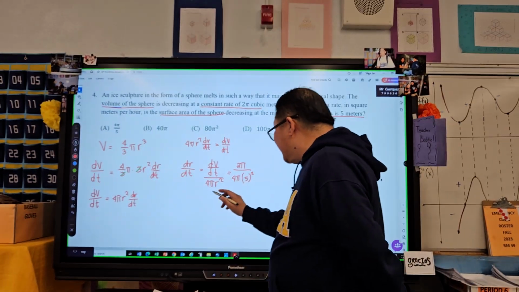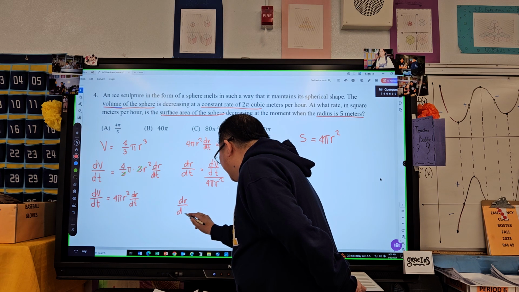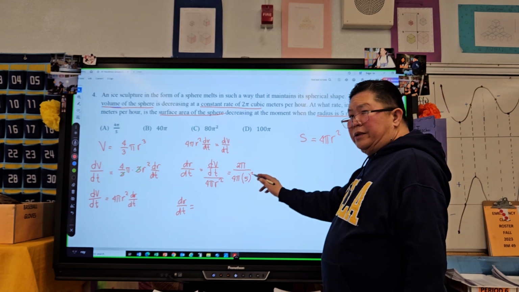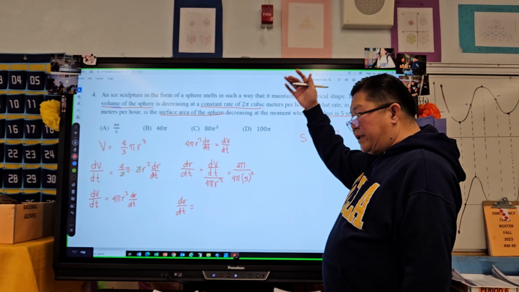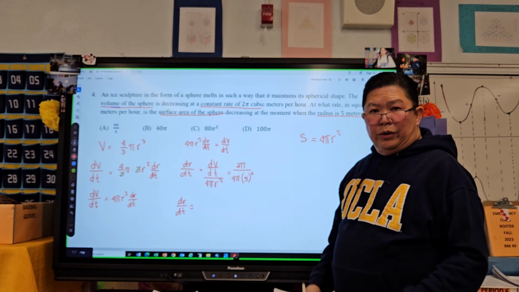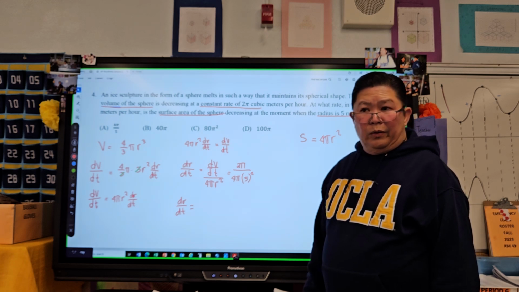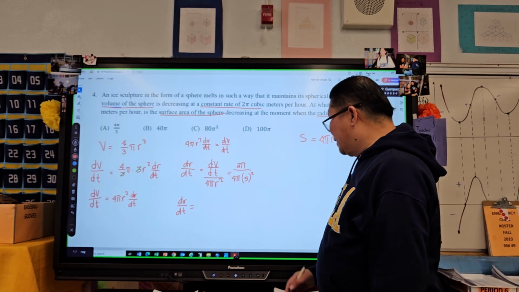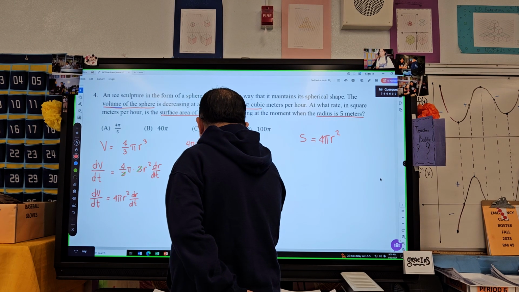Simplifying this further, dr dt is now equal to, this is 25 times 4, 100, right? Then on top is 2. Can you reduce that to lowest terms? 1 over 50. Okay, so I'll just write first 2 pi over 100 pi.